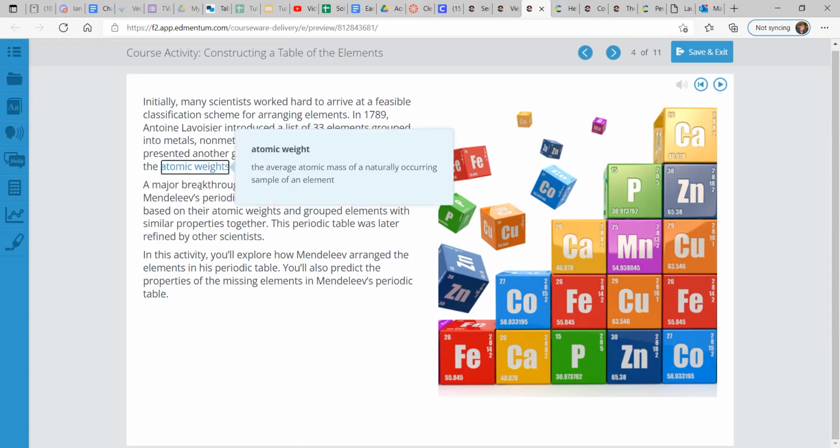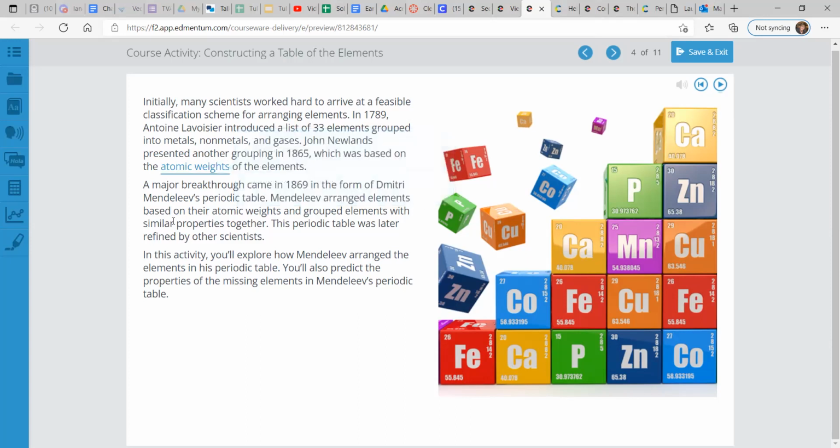If you remember, the atomic weight is the average atomic mass of a naturally occurring sample of an element. Then 4 years later, Dmitry Mendeleev, I believe he was a Russian scientist, arranged elements based on their atomic weights and grouped elements with similar properties together. This periodic table was later refined by more scientists.